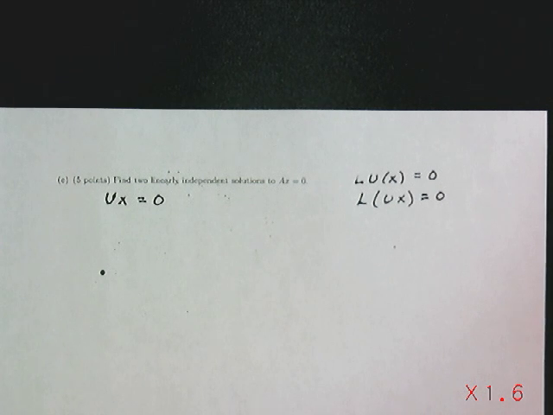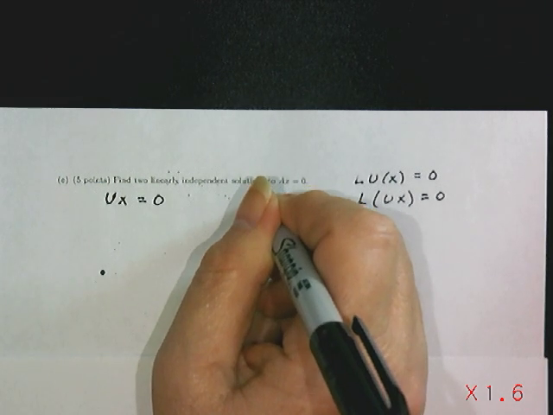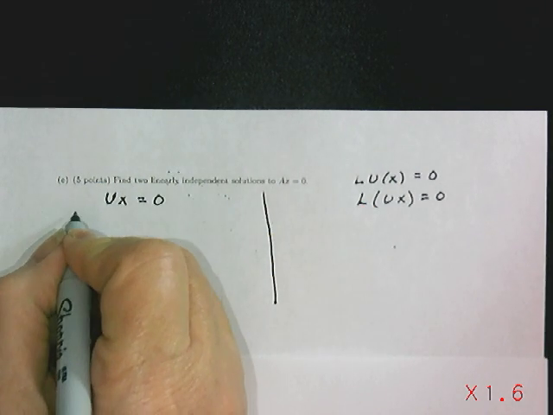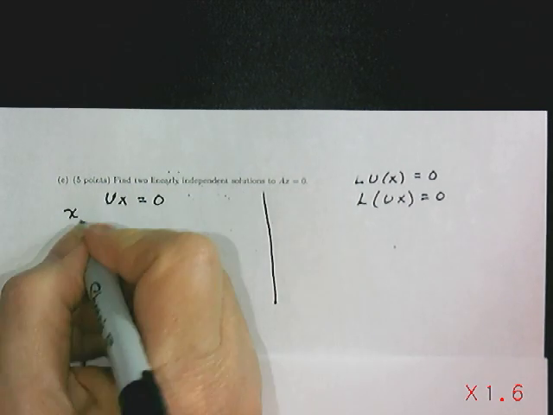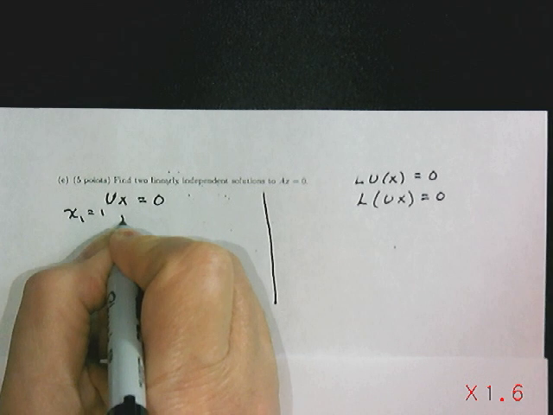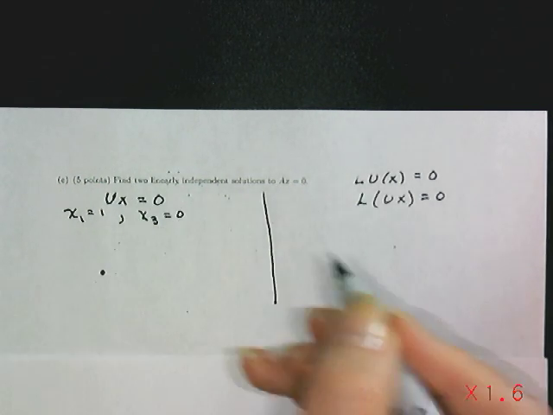So in order to find the two linearly independent solutions, I'm going to now let chi1 be equal to 1 and chi3 be equal to 0 to find one of them.